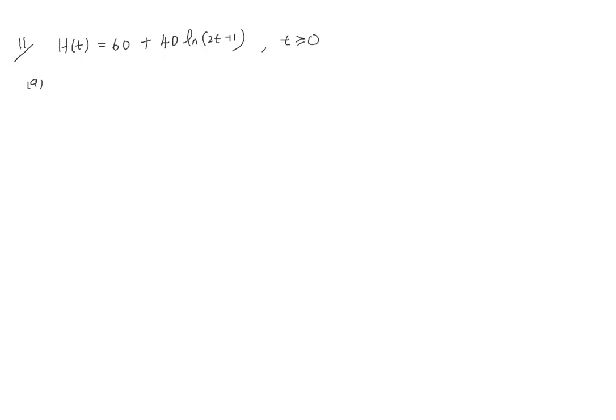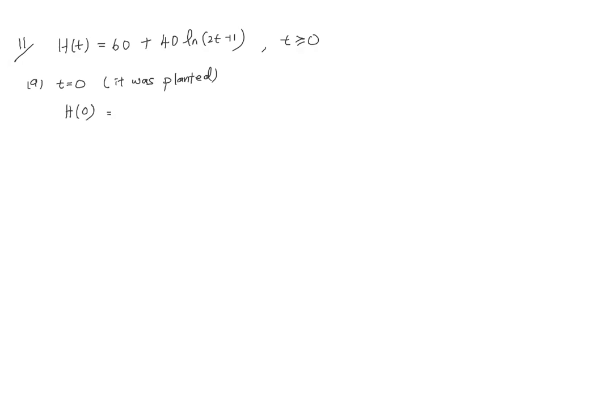You are studying the height of a tree when it starts to plant. That is the time whereby you start to time it, so that is t equal to 0. That statement tells you t equal to 0. So I want to know the height when t equal to 0.